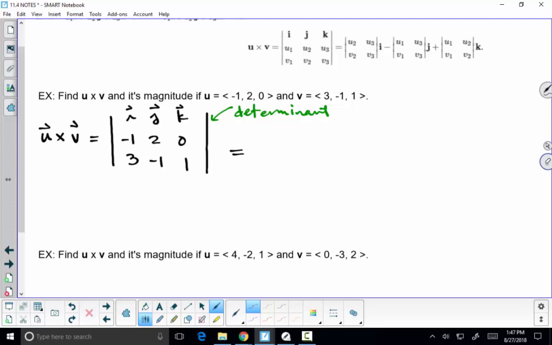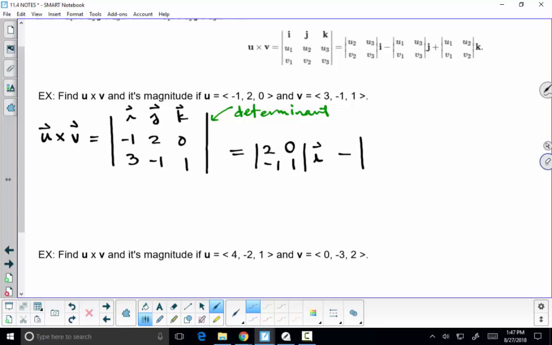To get the first minor here, we cross out the first column, the first row, and we have 2, 0, negative 1, 1, multiplied by the unit vector I. Minus. We'll talk about that minus in a second. Just follow the formula for now.